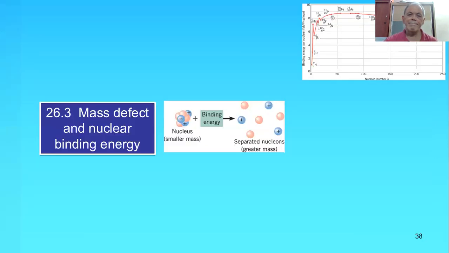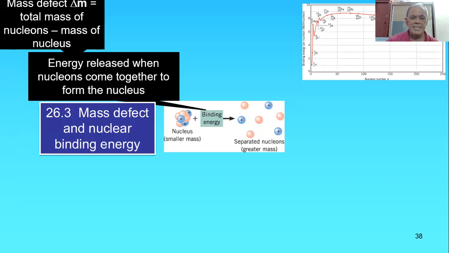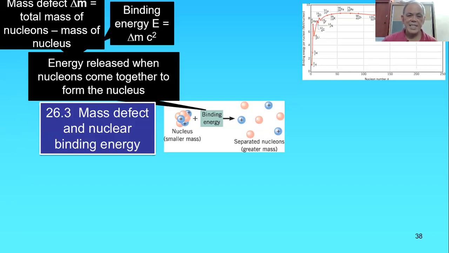Okay, so we have completed this topic, mass defect and nuclear binding energy. Right? There's energy released when the nucleons come together to form the nucleus. And then we calculate the mass defect as the total mass of nucleons minus the mass of the nucleus. And then we calculate the binding energy, E equals delta M c squared, right?